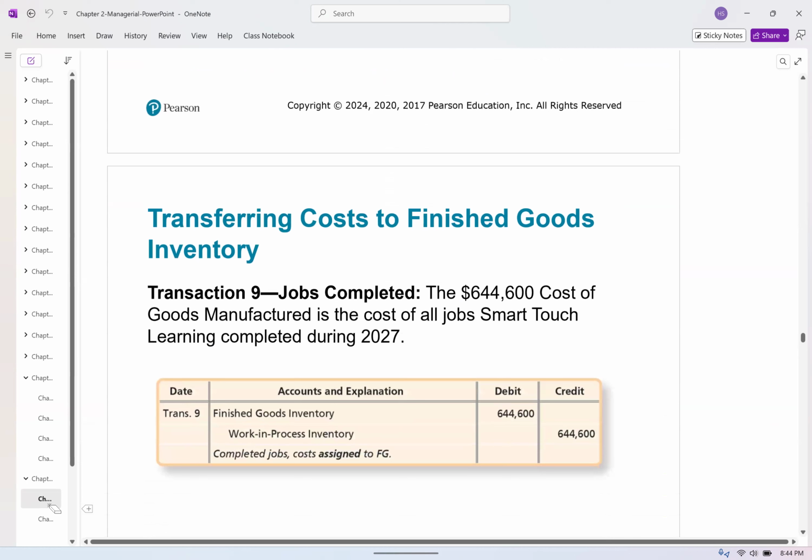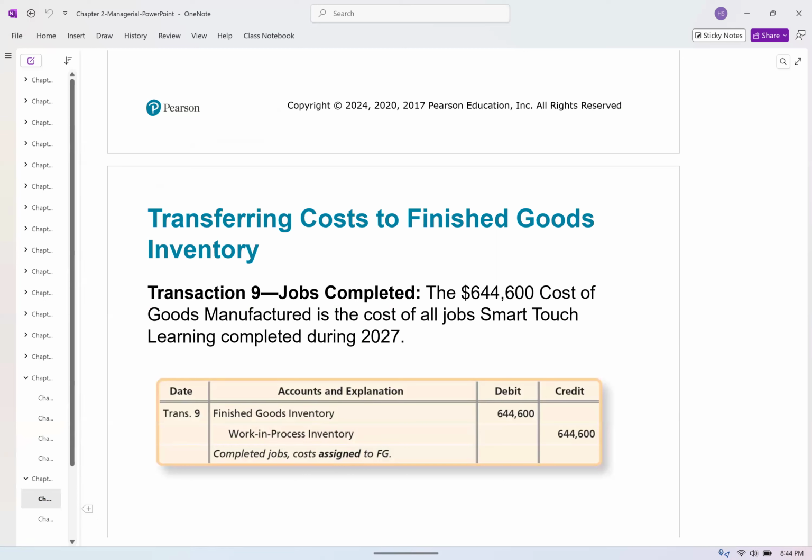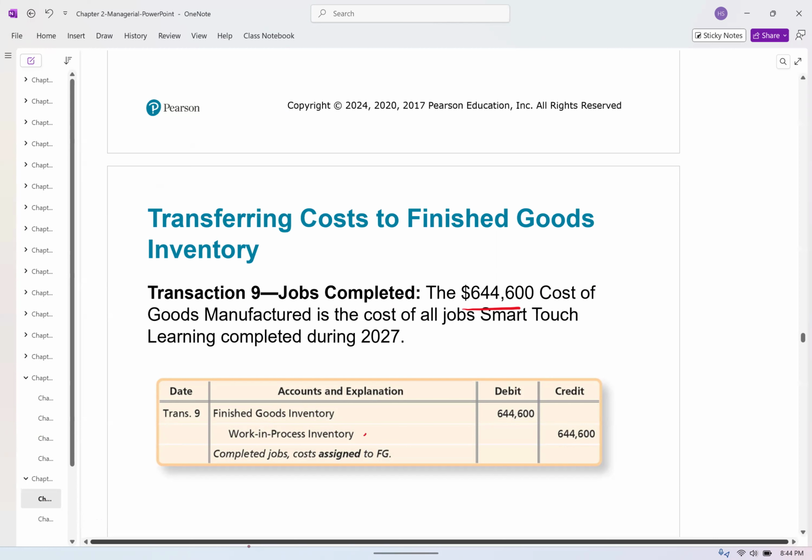So the first one says the 644,600 cost of goods manufactured is the cost of all the jobs Smart Touch completed in 2027. So we are moving it from work in process to finished goods. This is like the aluminum coming off of the assembly line. It is in its package, it is ready to sell. Okay, it's done. For the most part, it can be sold right then.